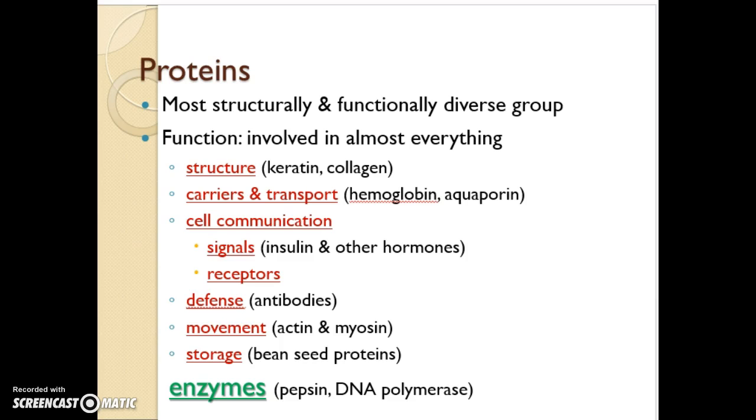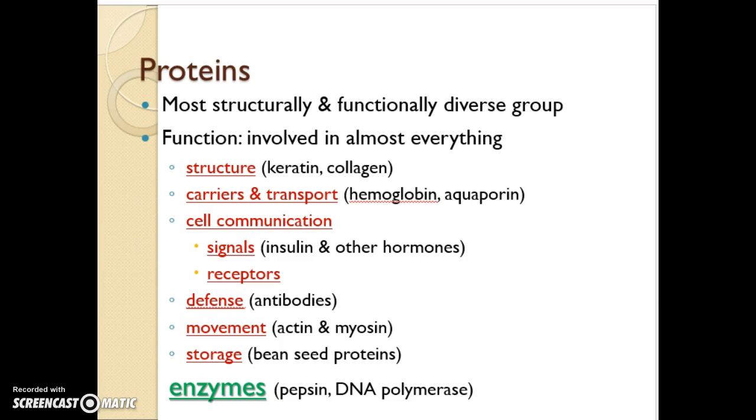And probably the most important function is their role as enzymes or catalysts in cells, because they regulate metabolism by selectively accelerating certain reactions, and they're not consumed in those reactions.